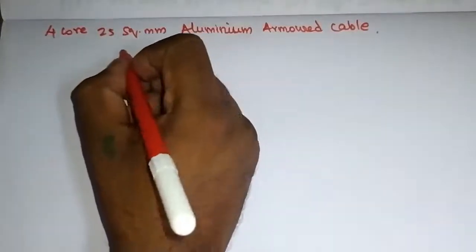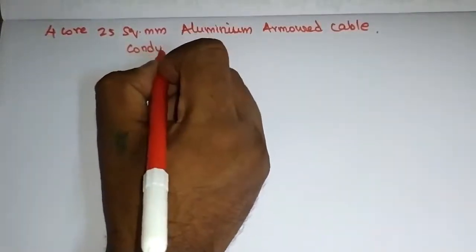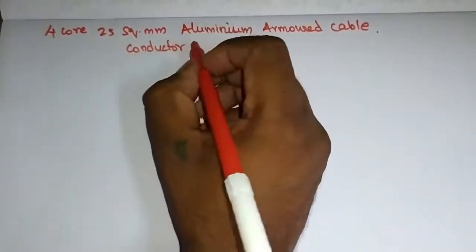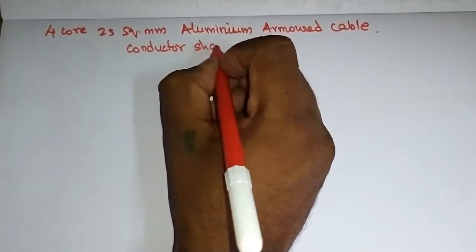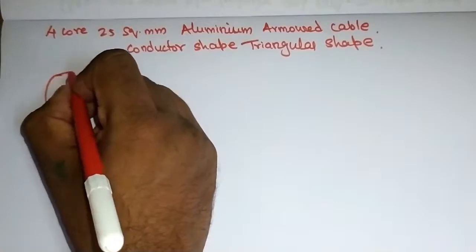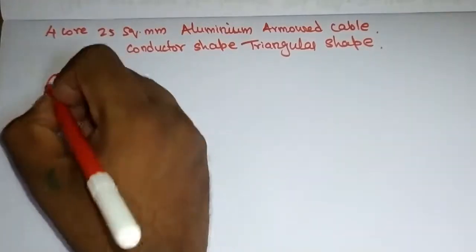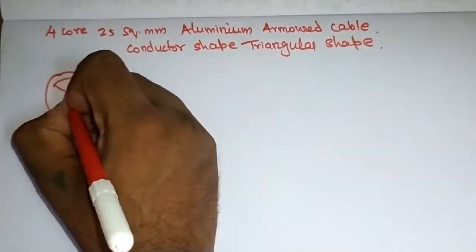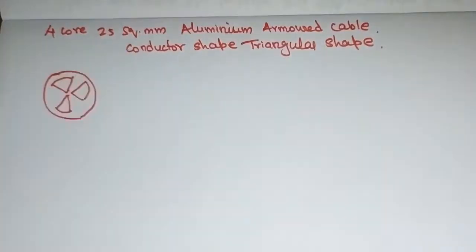In this, the conductor is not circular, it is not round type, it is triangular shape. You can see here, I will draw the diagram. I am not that good at diagrams, so don't mind. The conductor will be of this shape, and in this case the calculation was found to be different.